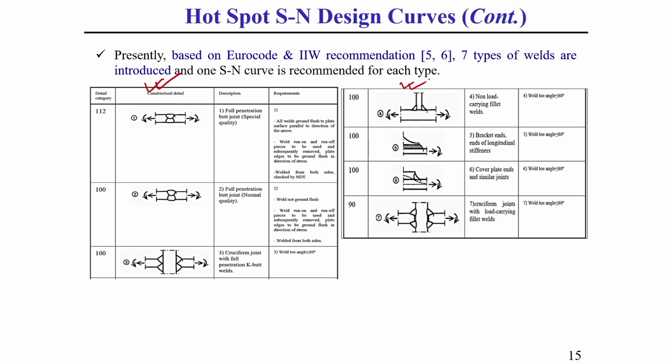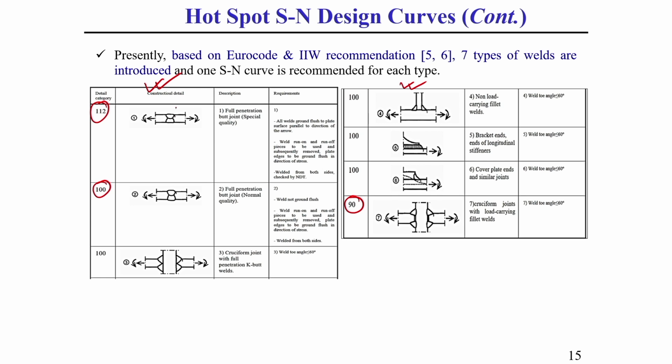Though I am showing 7 different geometries, they have FAT values within a range of only 3 different values. One is 112, another is 100 and another is 90. What I am telling, understand.